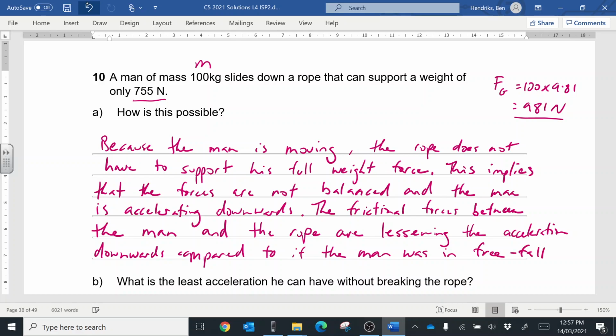Basically, if the man was just falling, he'd be accelerating at a larger rate than if the rope wasn't there. If there was nothing there, the man would just fall due to gravity, and his final velocity when he impacted on the earth would be much larger.